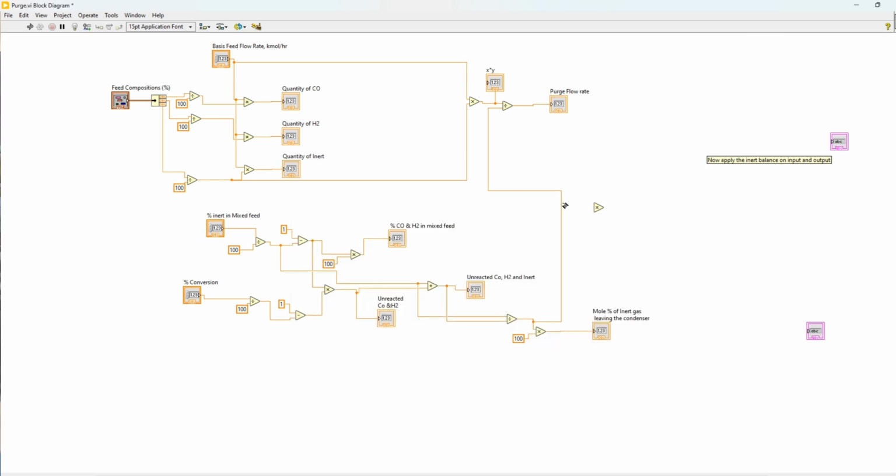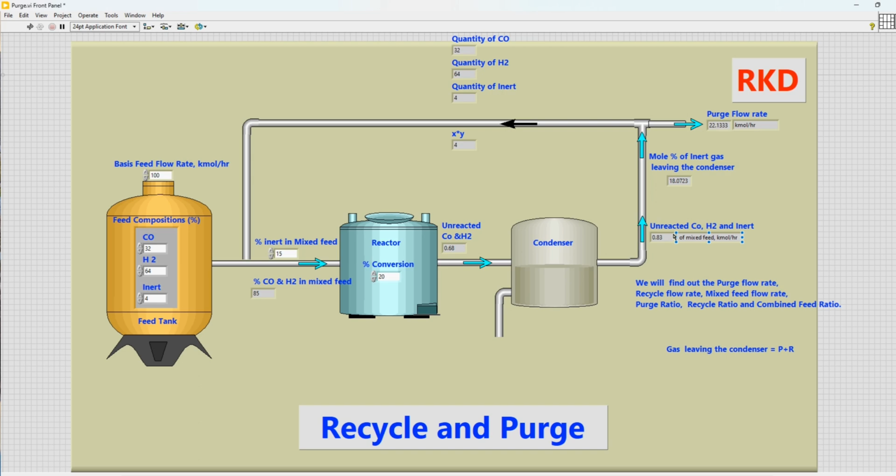So this is your feed, and now this is your 0.83, or we'll say from here whatever the total we have. So this is the unreacted CO, H2 and inert.